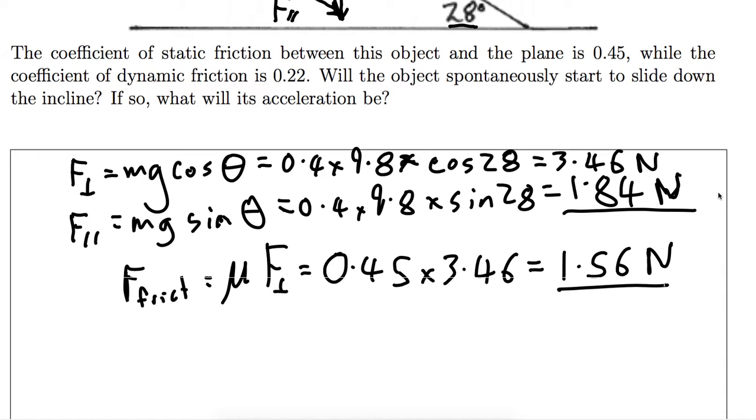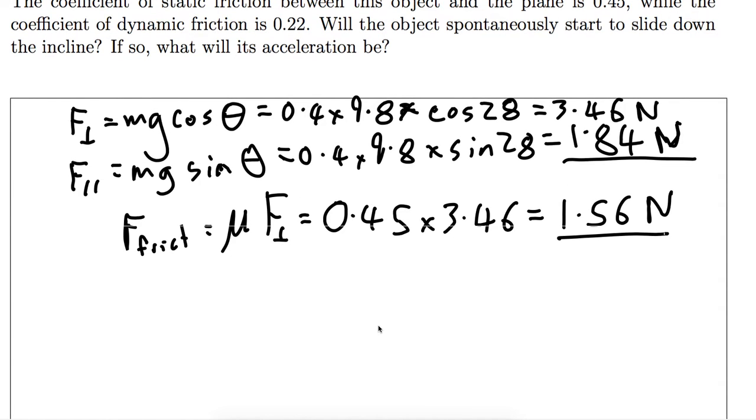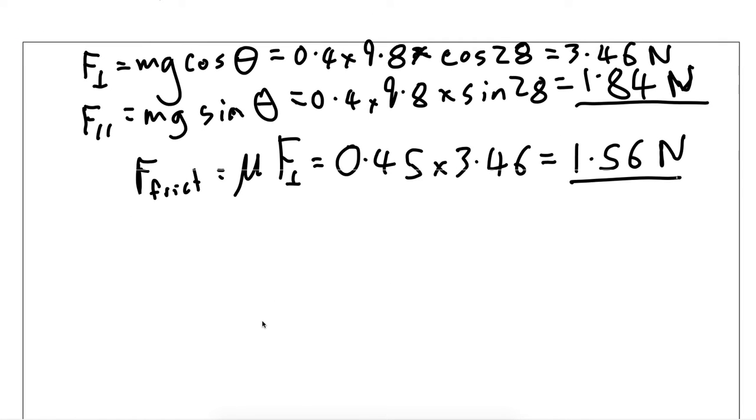Okay, that's good, because otherwise we wouldn't have had to calculate the other part of the problem. We would have stopped there and said, no, it doesn't move. But in this case, it does move. And we need to know what its acceleration will be. So once it's started moving, we need the kinetic friction coefficient, not the static friction. So instead of 0.45, we're going to use 0.22.